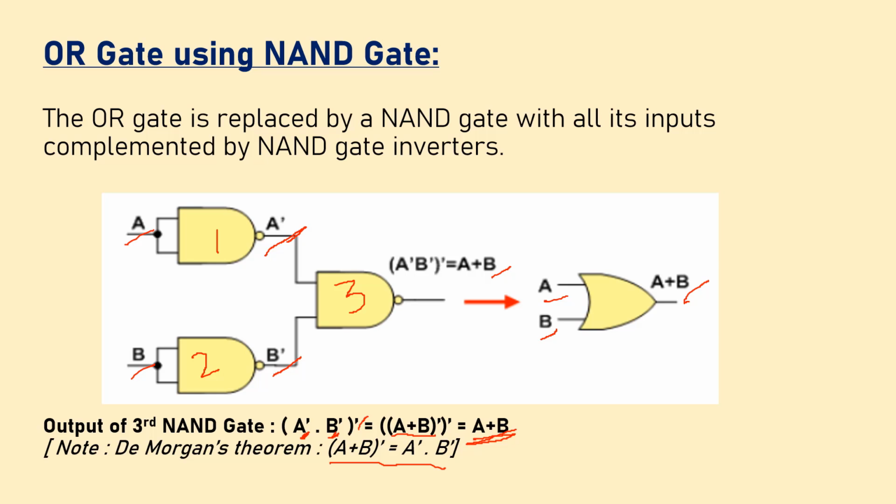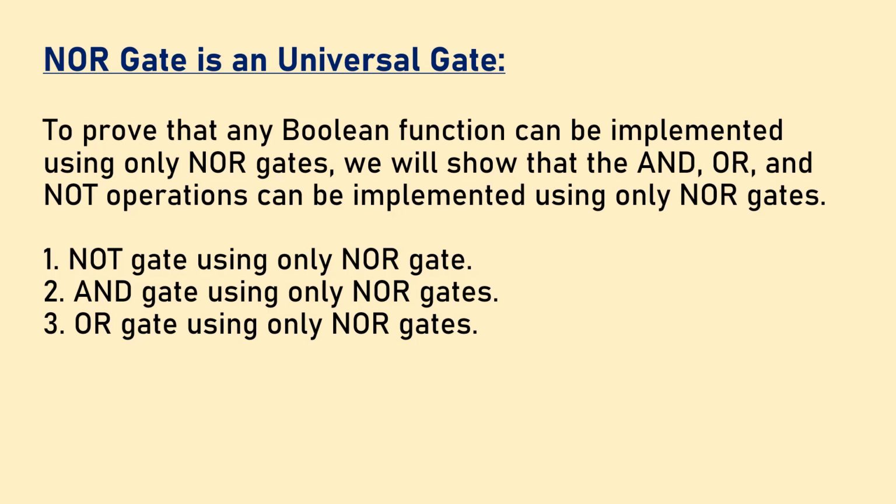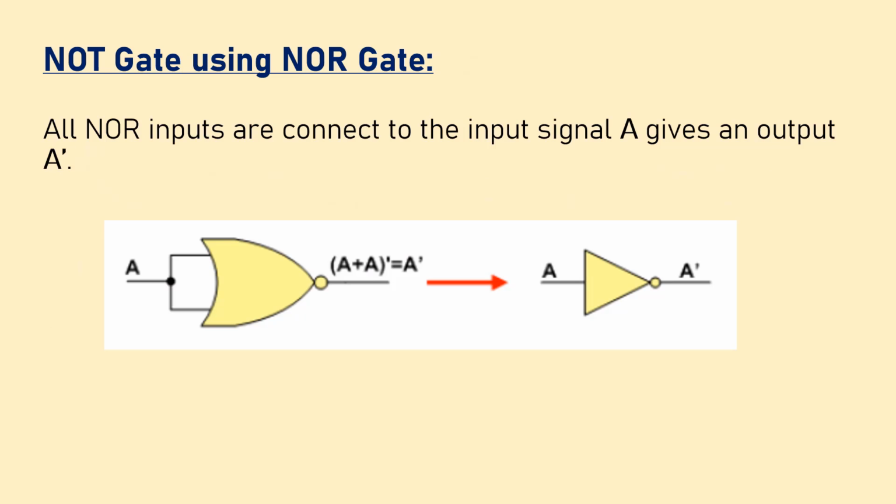Now if we can construct the NOT gate, AND gate and OR gate with the help of NOR gates only, then definitely we can say that the NOR gate is also another universal gate. So let's start implementing the NOT gate using the NOR gate.